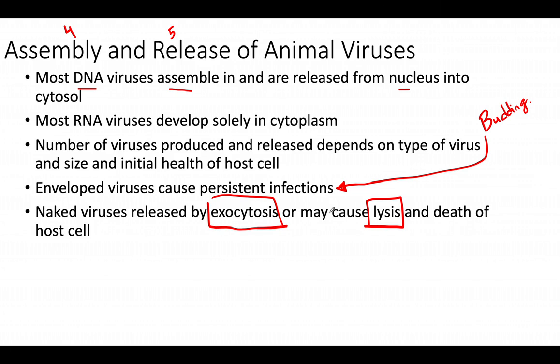And so that host cell can maintain a viral infection for an extended period of time, because new viruses can be shed from that cell persistently over a consistent length of time. Whereas if the virus causes lysis, then that cell can no longer make new viruses. So it's one massive release event upon the lysis of the cell, but then that cell no longer is going to synthesize and assemble any more viruses after that point.